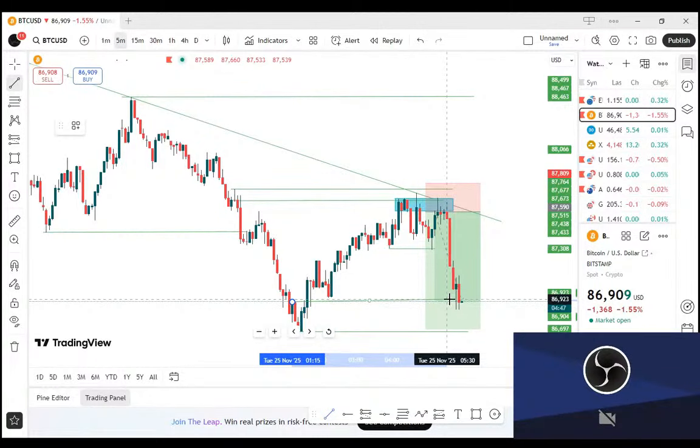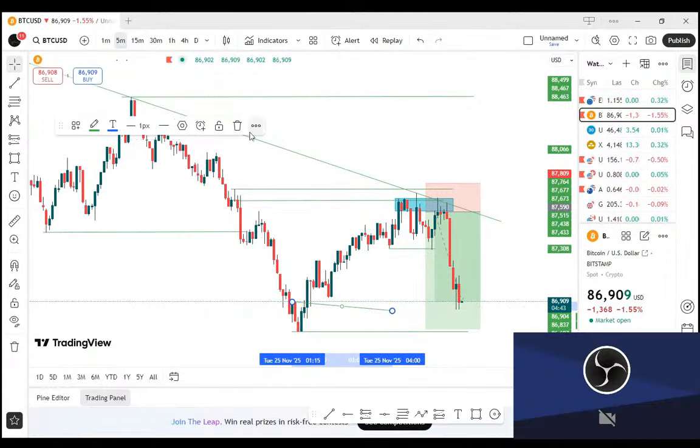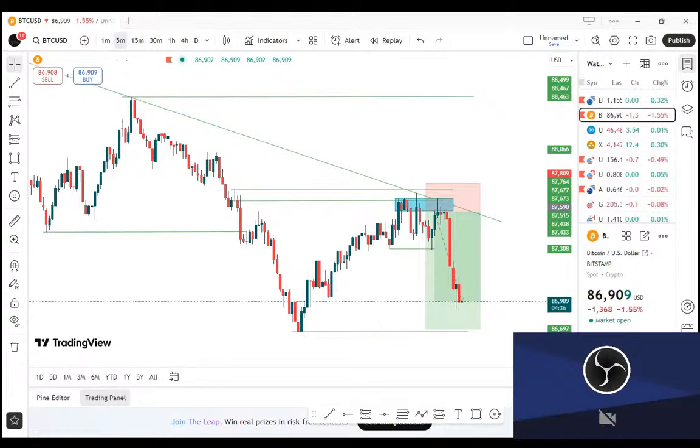Price is trying to pull back here, but it's still holding up. Price is trying to make rejections.